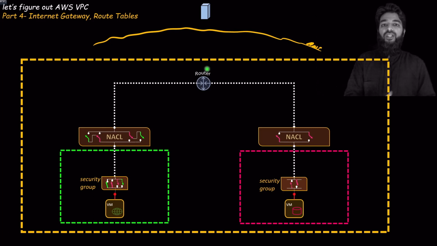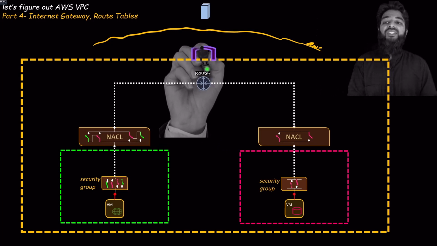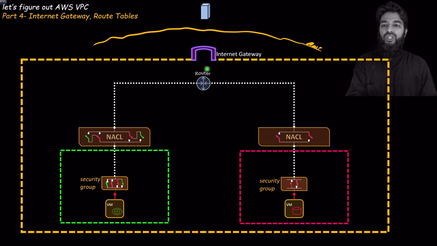Now don't worry, that does not mean you need to sign a contract with a broadband provider or something like that. You are in AWS. All you need to do is create one more component called an Internet Gateway. It's pretty simple to create: just right click and say create an Internet Gateway.